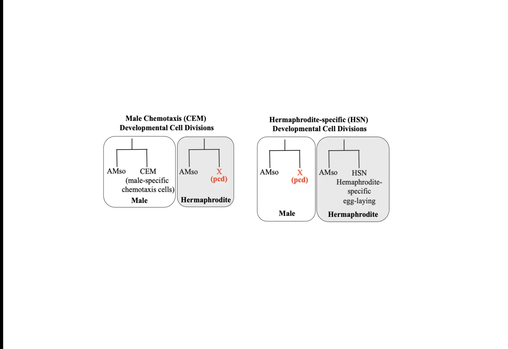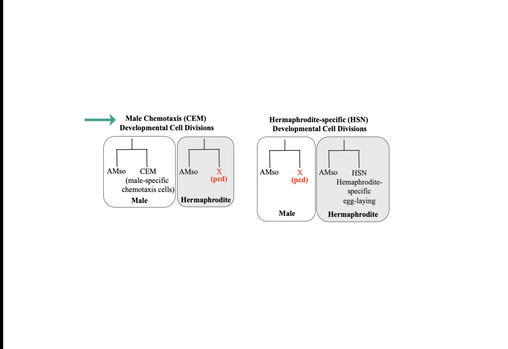Here is one example of that, which makes perfect sense. So the male chemotaxis pathway. Males, of course, have to find a female, and so they need to be able to not only sense where a female is, but then move towards that. So they need neurons that will actually allow them to sniff out essentially a female and then move towards her.